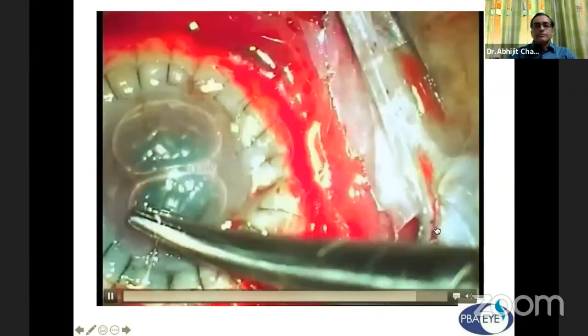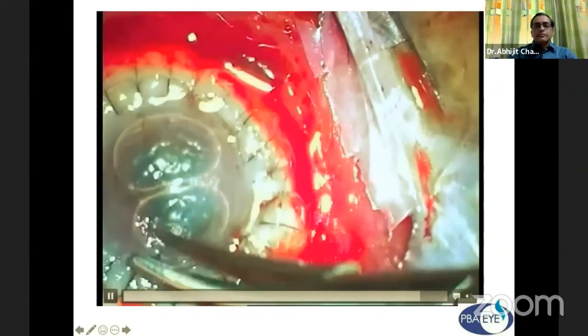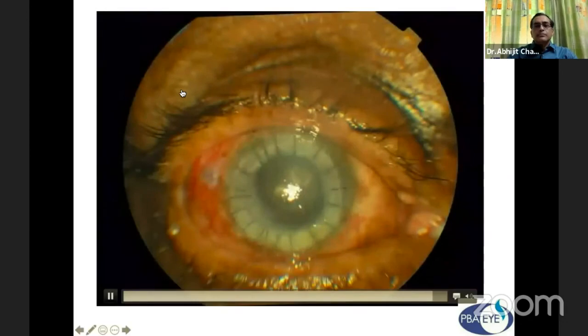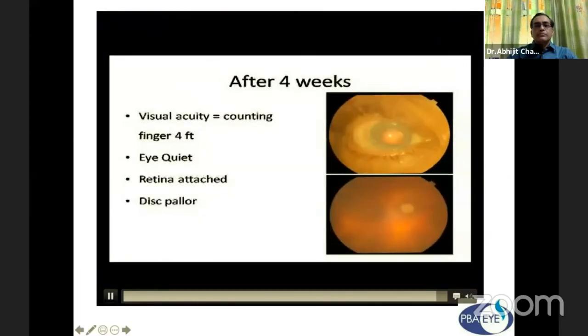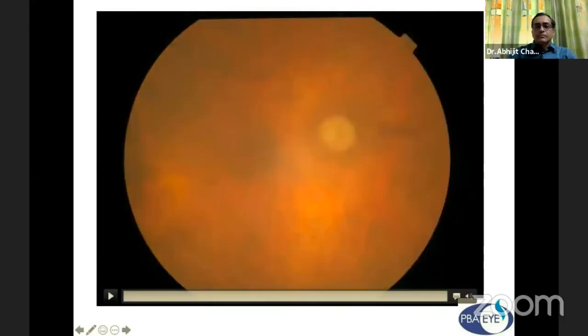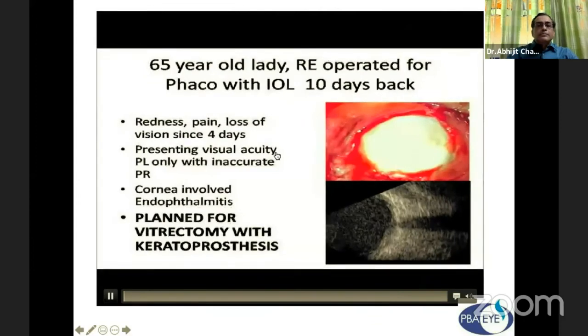Balanced salt solution was used intraocularly to make the eyeball firm. Result-wise, we can see the posterior segment got cleared pretty well. The anterior segment showed the cornea clearing and decreasing inflammation.